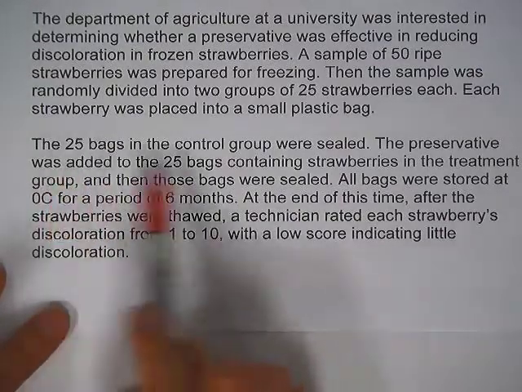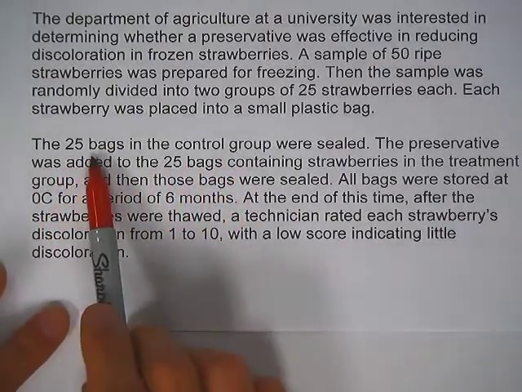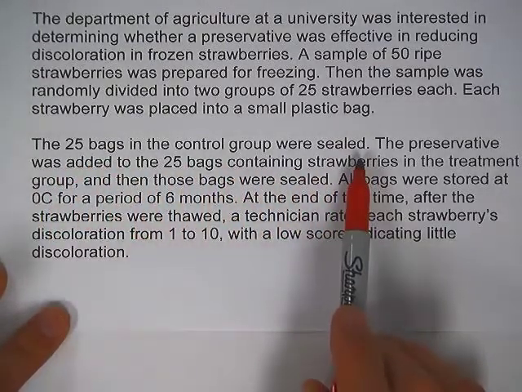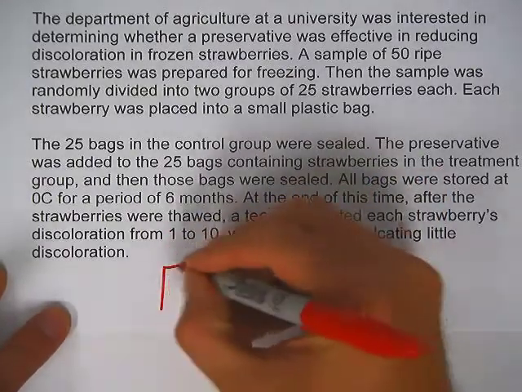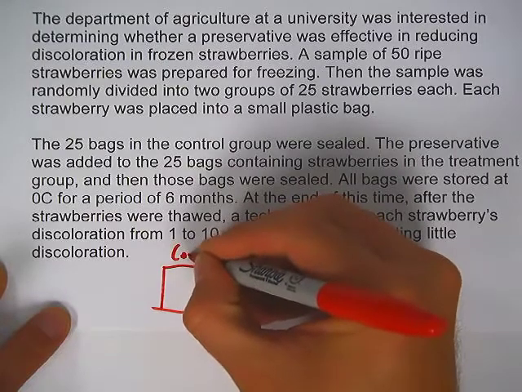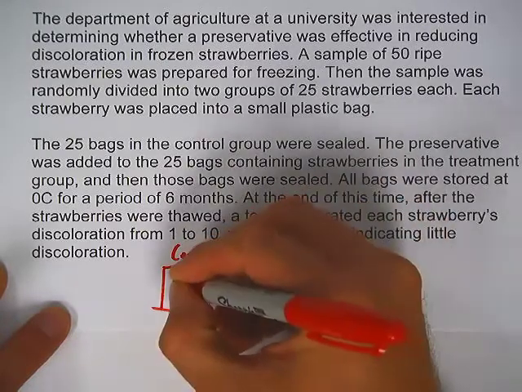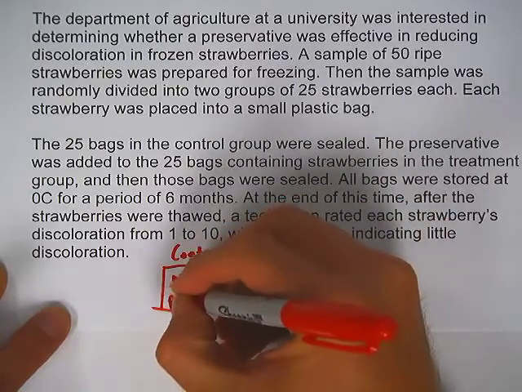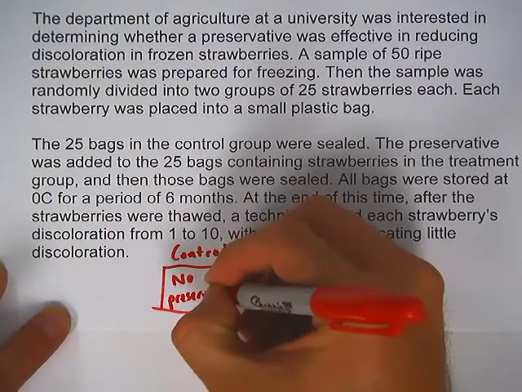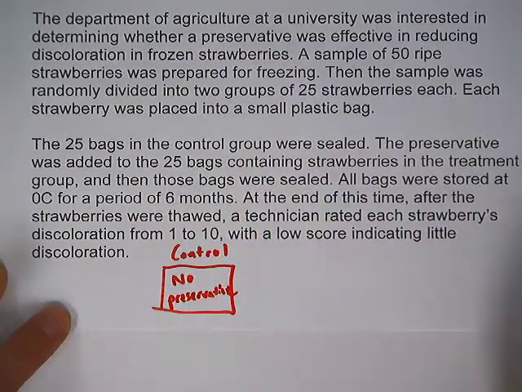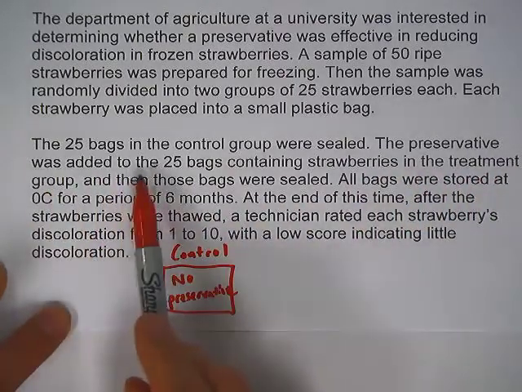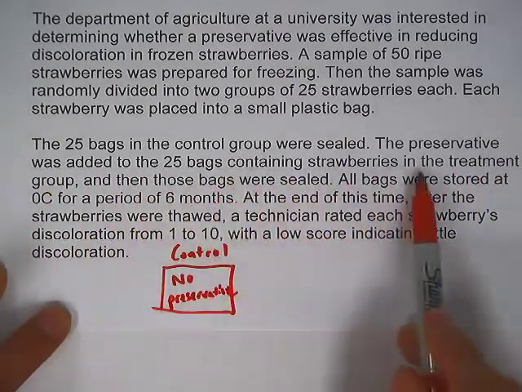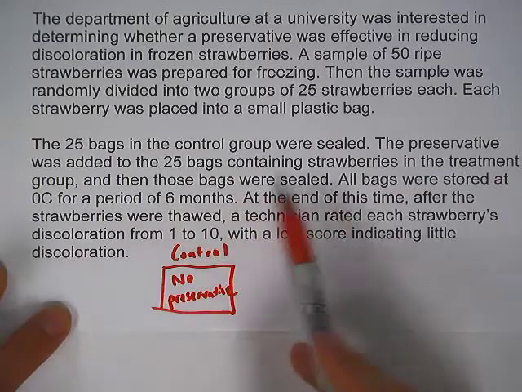So the control group were just the 25 bags of strawberries that were sealed. No preservative was added to the control group. So the control group got no preservative. Okay, then the preservative was added to the 25 bags containing strawberries in the treatment group, and those bags were sealed.